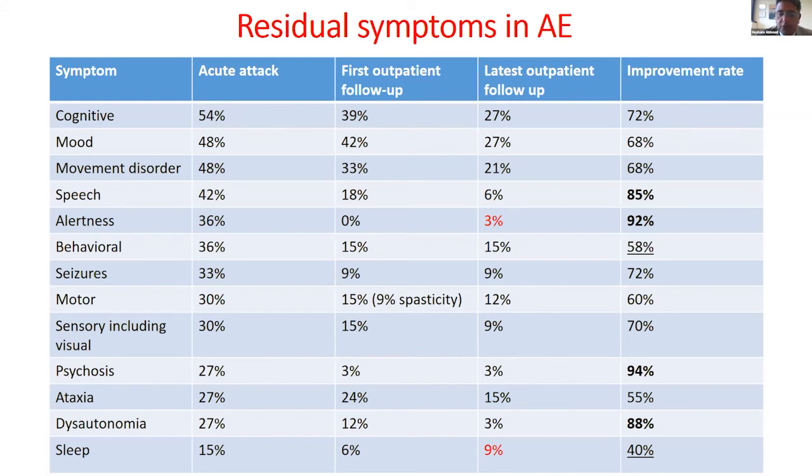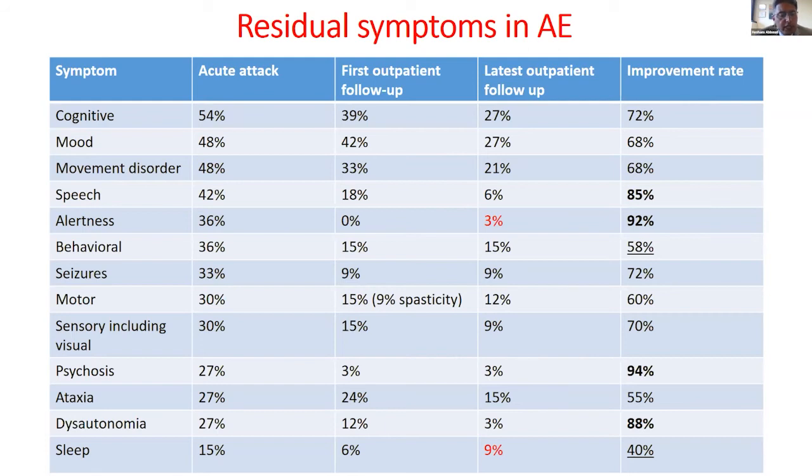Psychosis actually improves in 94% of patients. So again, although a common symptom during the acute setting, usually residual psychosis is very rare after immunotherapy in the acute setting. Dysautonomic symptoms also, most patients will recover this at the time of their latest follow-up.